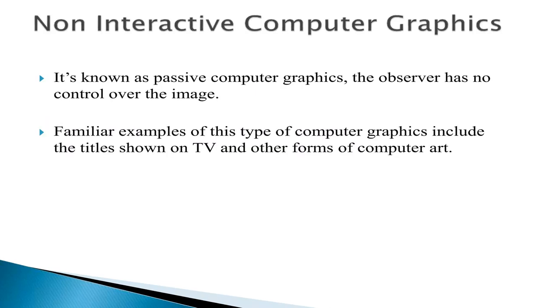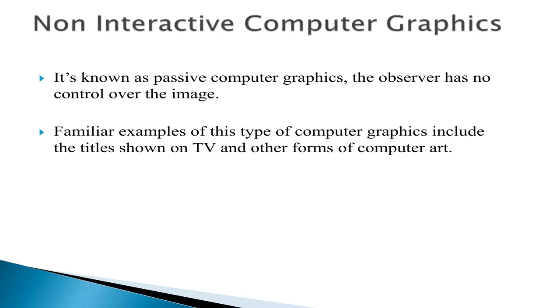As we said earlier, non-interactive computer graphics is known as passive computer graphics, where the observer has no control over the image, as in the example of a screensaver. Familiar examples of this type of computer graphics include the titles shown on TV and other forms of computer art.